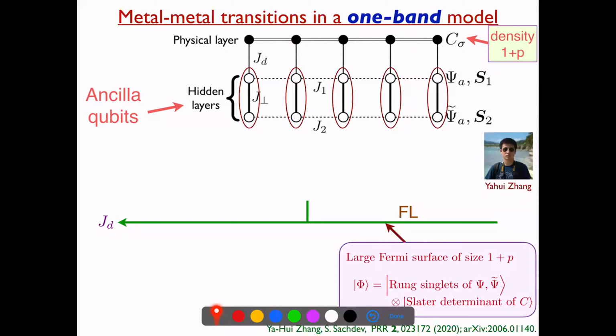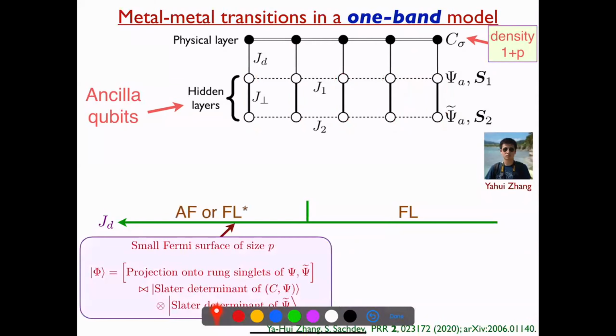The question is, how do I get a small Fermi surface out of this? Well, the way you do this is you write a very different trial wave function. So now for this new wave function, what you do is you make a Slater determinant of c and psi. So this is just like the Kondo lattice I just showed you. You had the mobile electrons and you had the f electron. You take the two of them and have them hybridize with each other.